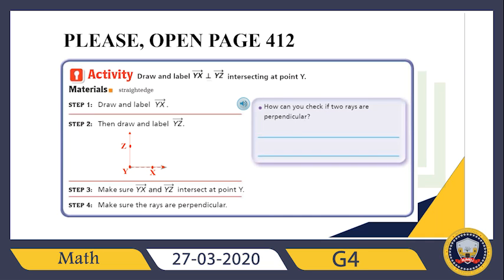Remember perpendicular, remember the right angles. How can I show a right angle? If there is a square, I can say this is a right angle, this is perpendicular, because I know right angles represent perpendicular rays in this topic. So I can use a square corner to check if the rays are perpendicular.